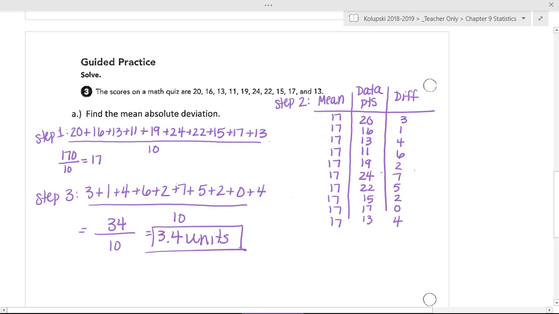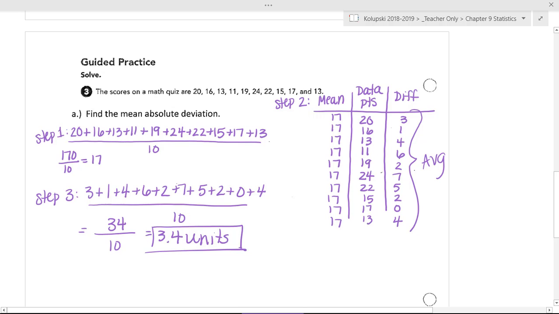For step 2, here are your differences. Remember again, we don't want a negative because it's the distance. Each of these data points is from the mean, so we want this to be positive. So we're taking these values and finding the average for step 3. So step 3, I'm adding them together. I got 34, divide by 10, and it's 3 4/10.